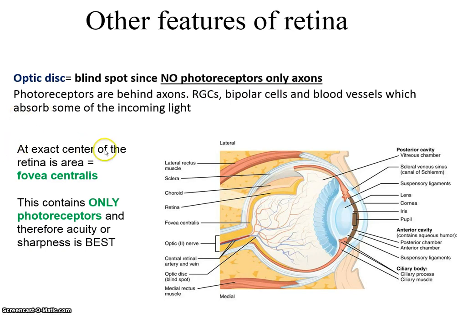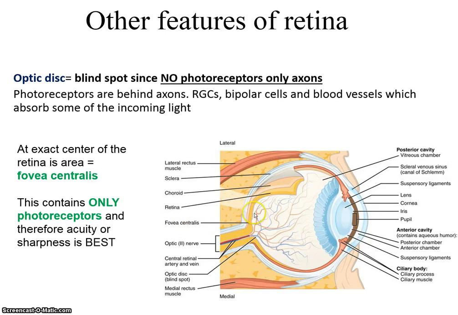Okay, at the exact center of the retina, where if light was coming in from a distance, it would come in parallel waves, we would find this region, which is called the fovea centralis. And the overall region is actually called the macula lutea, so this is the spot. And in the middle of that spot is this little depression called the fovea centralis.